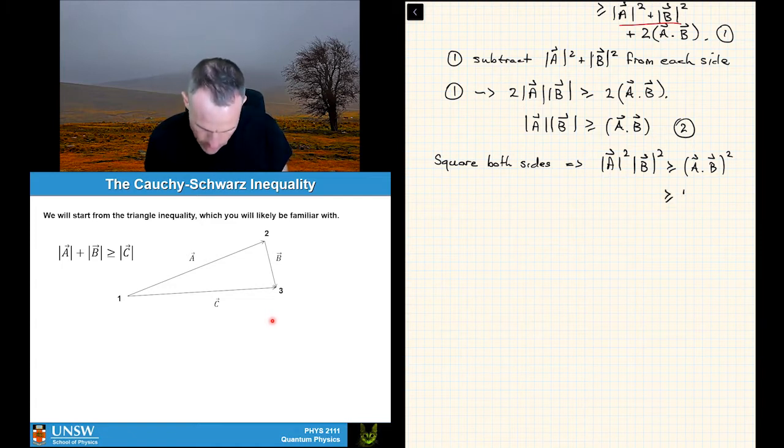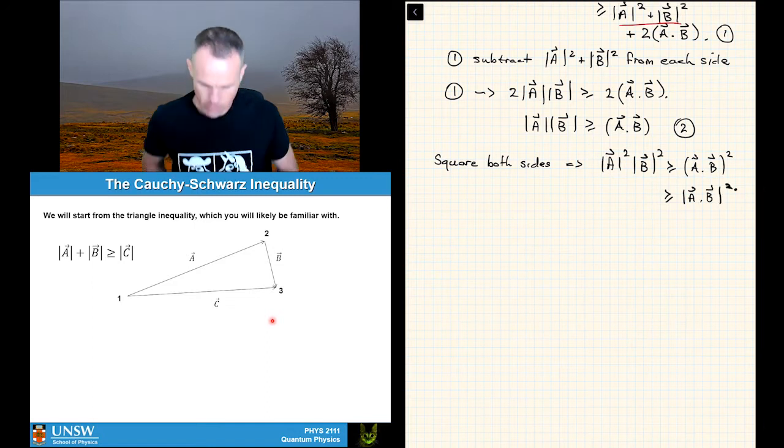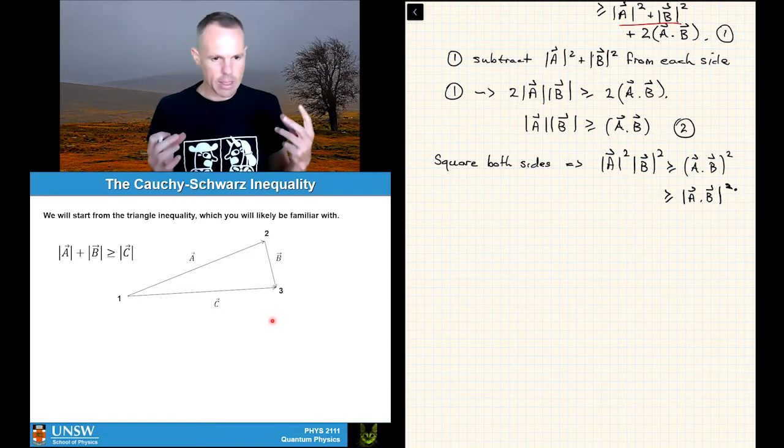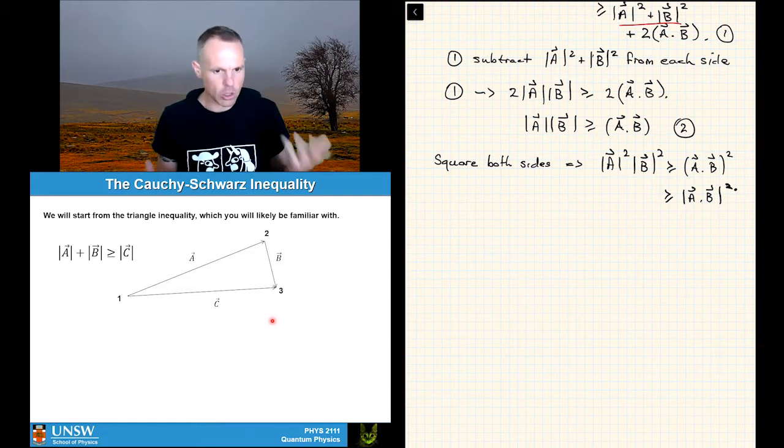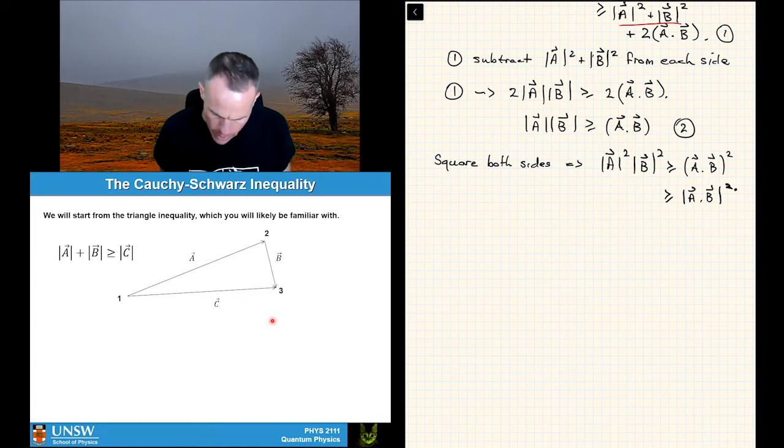So what I'd have here is just length A times length B squared. Okay, because I know that if I take that product, I'm going to have a cos in there. Cos will never be bigger than 1. This thing that we've got up here is what we know as properly as the Cauchy-Schwarz inequality. Okay.